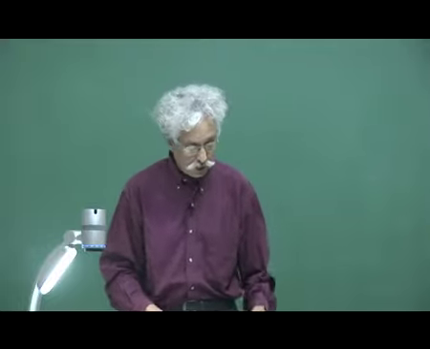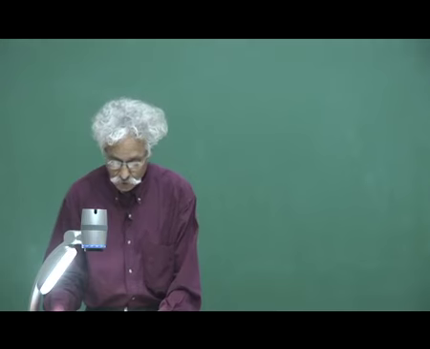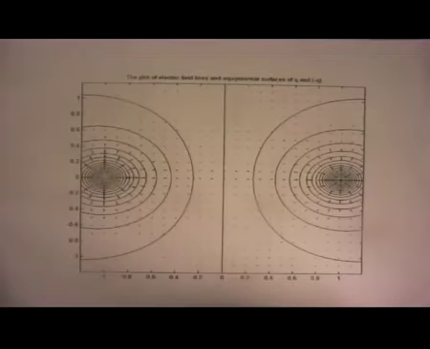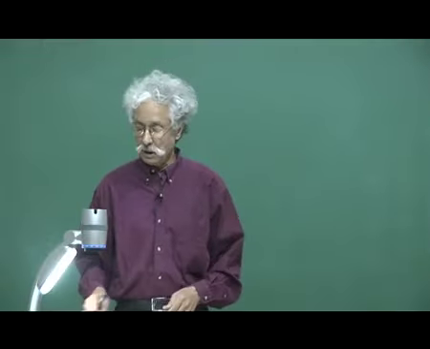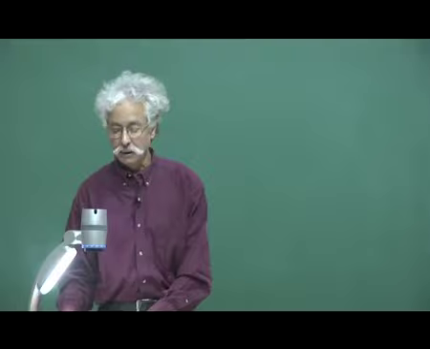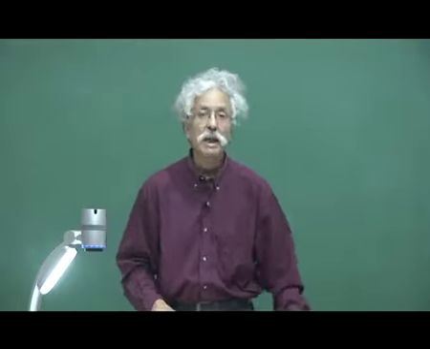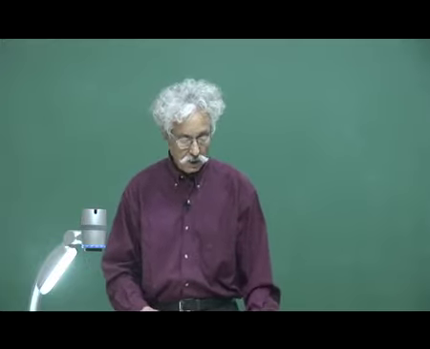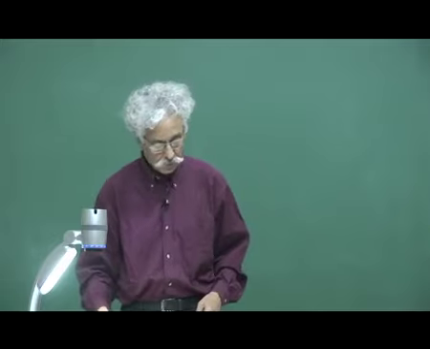potential and electric fields. Now, before that, I want to show you a picture of the equipotential surfaces of a dipole and the corresponding electric field lines. Just like electric field lines, equipotentials are another way of representing the electric field distribution or potential distribution, which is helpful in understanding and picturizing the potentials and electric field.